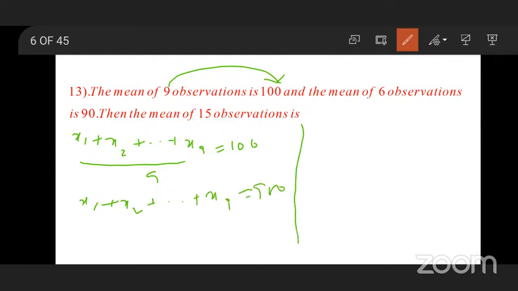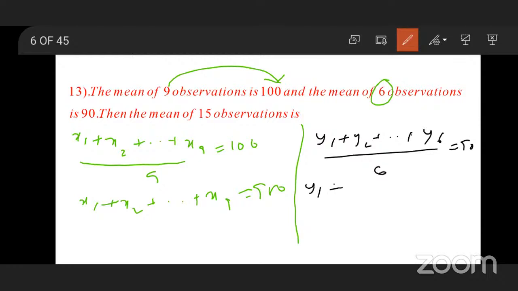Next, taking another color, y1 plus y2 plus so on y6 by 6 is equal to 90. Therefore, indirectly, y1 plus y2 plus y3 plus so on y6 is equal to 540.